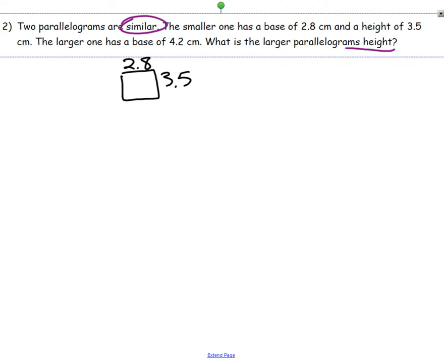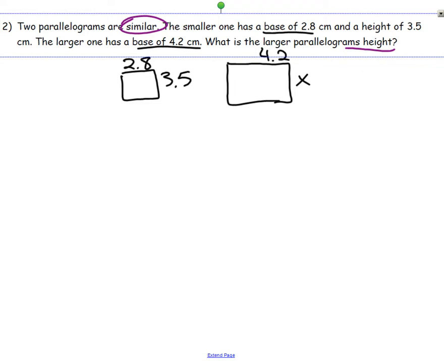Remember, a rectangle is just a parallelogram with right angles. So we have our large one, has a base of 4.2. So what would that need to correspond to on our smaller one? 2.8, because it says base, so it's got to go with base. And we want to know the height, so we call that x.